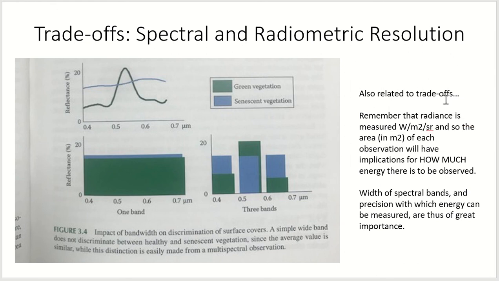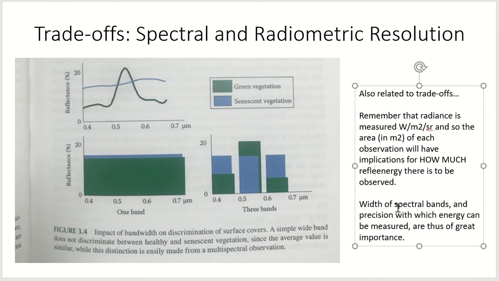The steradian has to do with the angle of light, so that's a separate thing. But the meter squared has to do with the area. And so the size of the pixel will influence how much reflected energy there is to be observed.